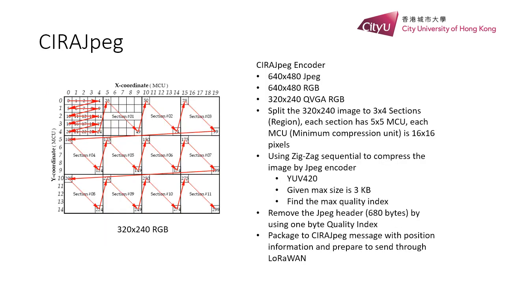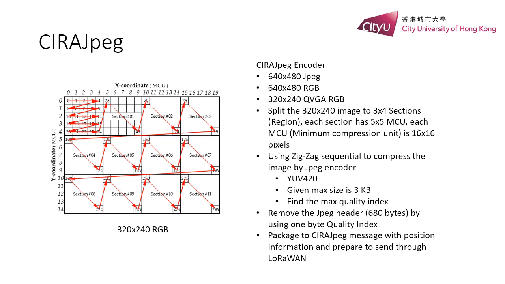Now I will explain our CIRA JPEG encoder. First, we take a 640 x 480 pixels high-quality JPEG and store it into the SD card, then decode to RGB and scale it to 320 x 240 pixels QVGA RGB.